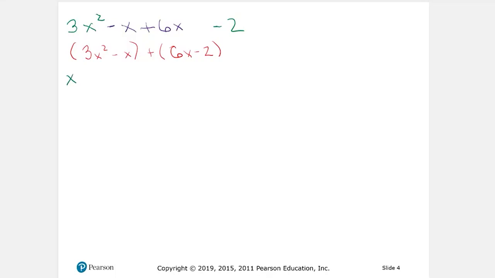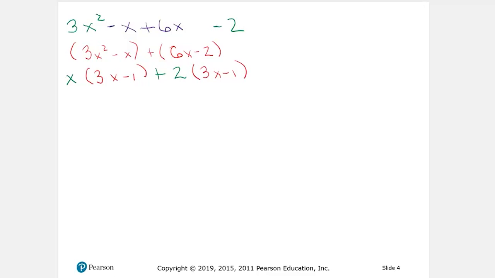And if we factor out an x, we get 3x minus 1. And then I have my plus. In the second group, I want to factor out the greatest common factor, which is a 2, because 6 and 2 are both divisible by 2, and I get 3x minus 1.